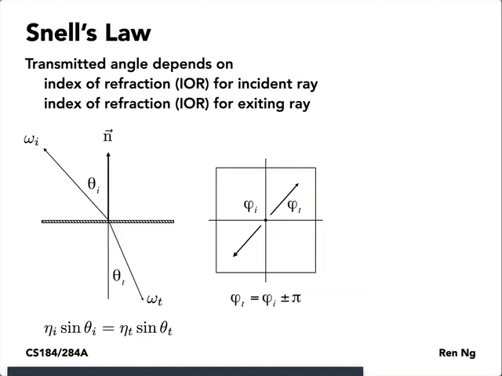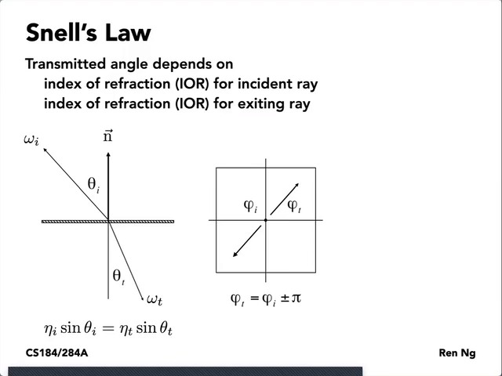The transmitted angle, omega t, through this interface, where the light enters from one medium and then refracts into the other, is going to depend on the index of refraction for the incident material and the transmitting material. In particular, we care about the index of refraction, which are written here as eta I and eta t for the incident and the transmitted.